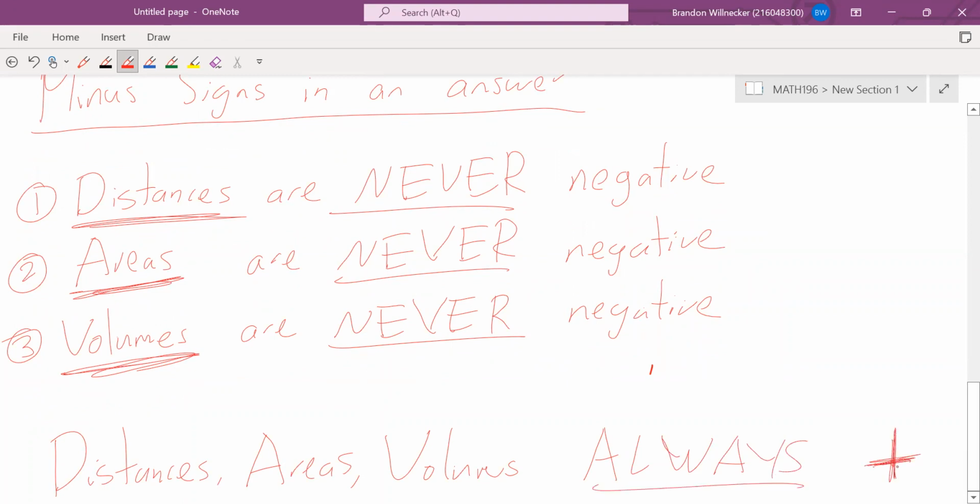So you should always get a plus with your answer, never a minus sign. Does that answer your question? Okay, awesome. So just remember these 3, always positive. Everything else depends on the question.